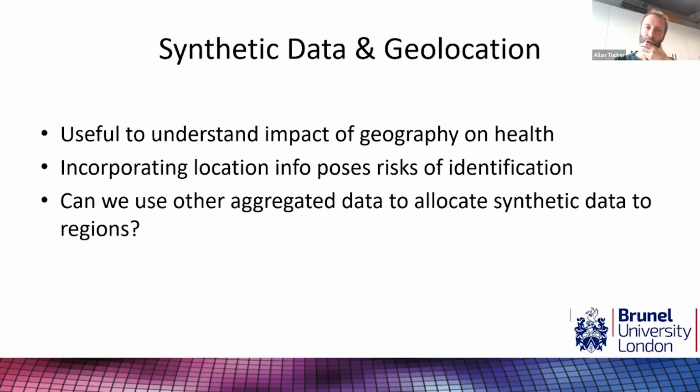So what we've been interested in doing is seeing if we can use other aggregated data around England and Wales to help us allocate synthetic data that we've already generated regionally, so that we can then explore things like regionalized health and how it varies.